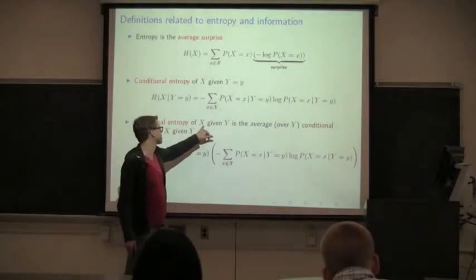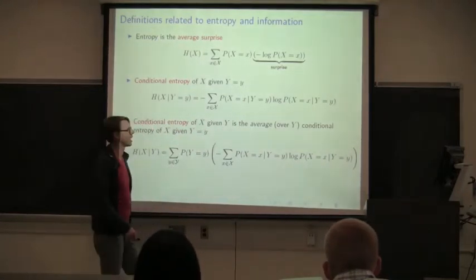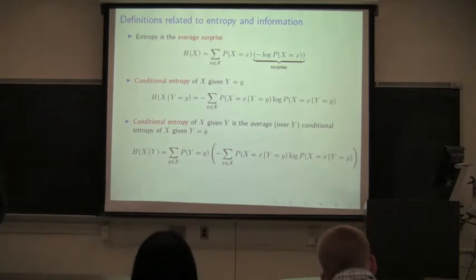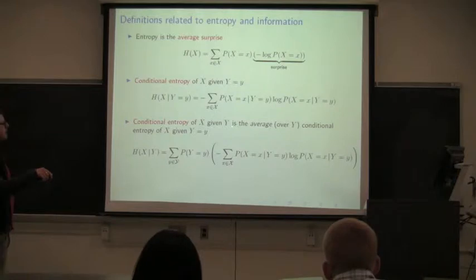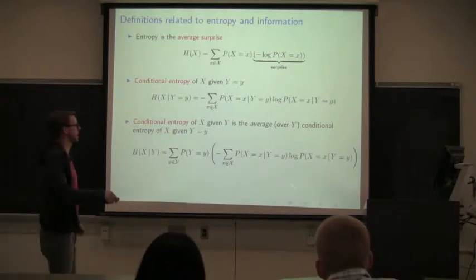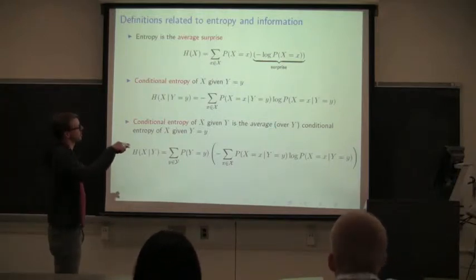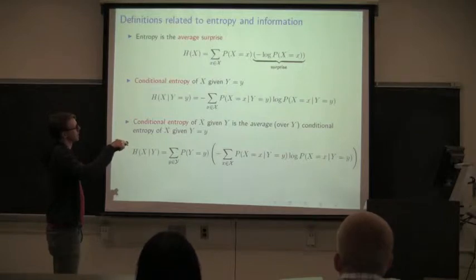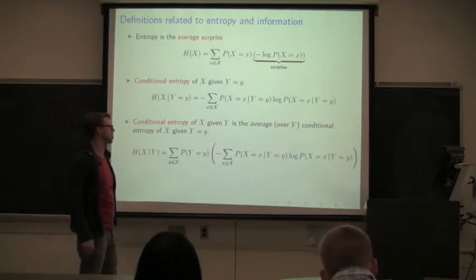That's the conditional entropy of x given the random variable y. Now, y has a probability distribution. It's not just a single value, and for that reason it's not just the entropy of x given the value y, but it's the average over the probability distribution of y.